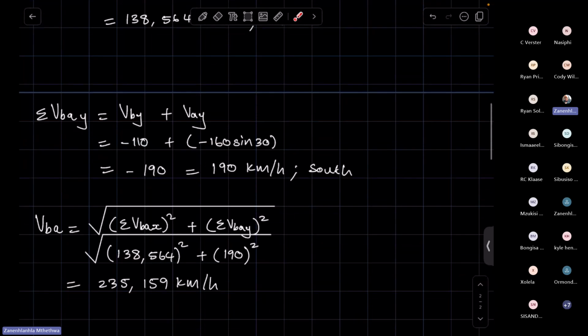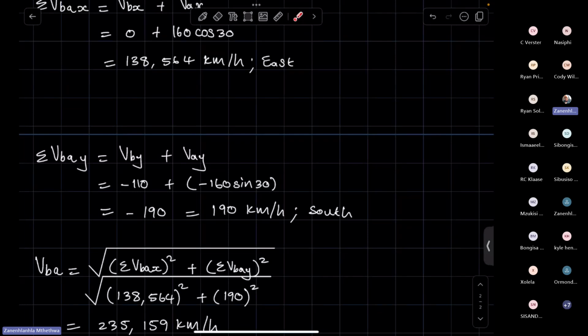Now, as far as direction, essentially we've been given it, because we know that VB with respect to A is headed in an easterly as well as southern direction.